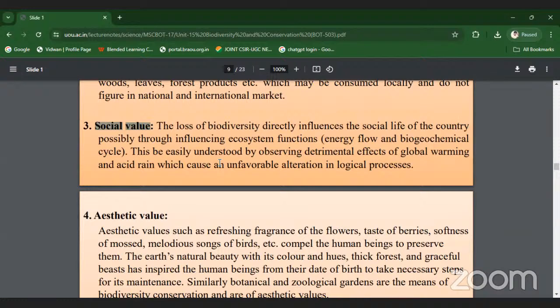And aesthetic value. Aesthetic value means many people react positively to plants. Nature lovers, for example, visualize appealing nature through the ages. Poets, writers and artists from many cultures have testified to the effect of plants' beauty on the human mind and emotions.